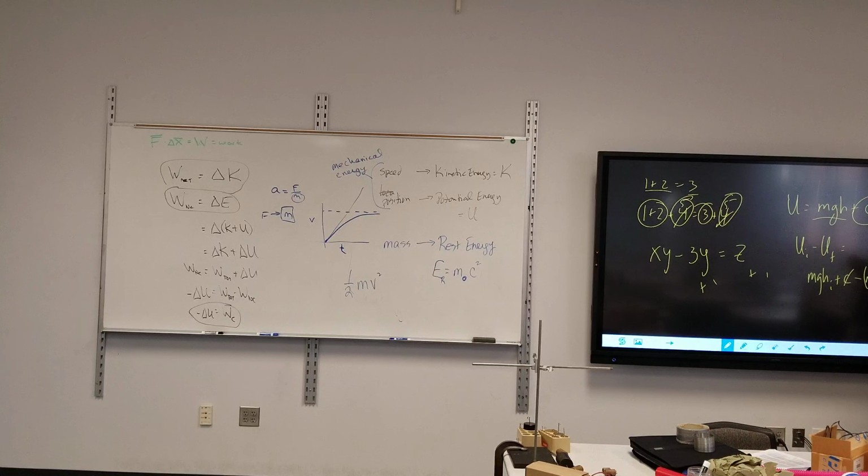So, the potential energy formula for the conservative force of weight is this. G is right there. So if G is relatively constant, this is the formula.